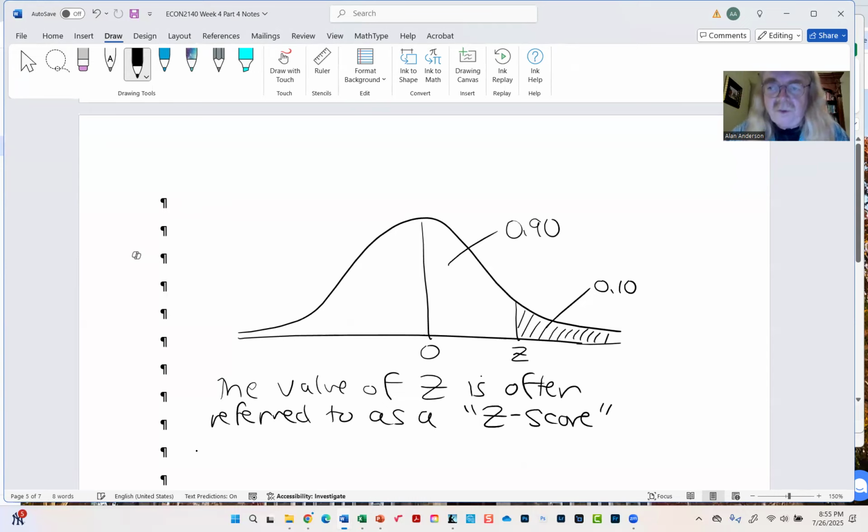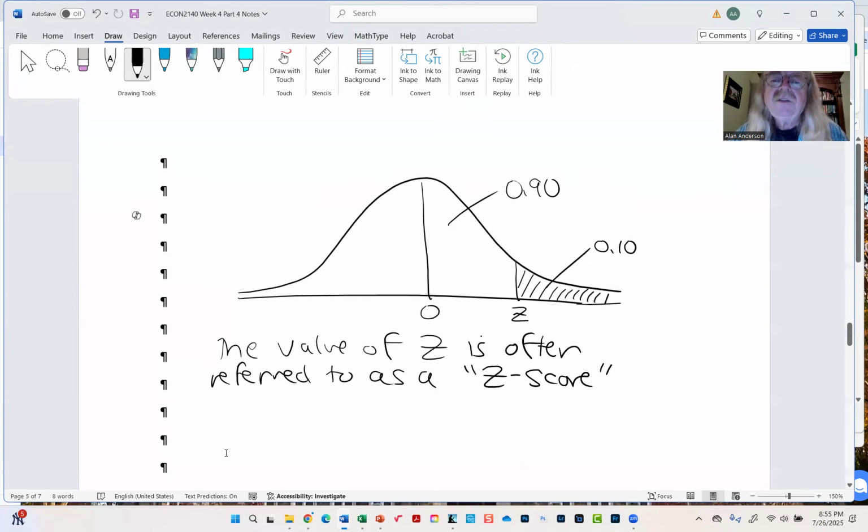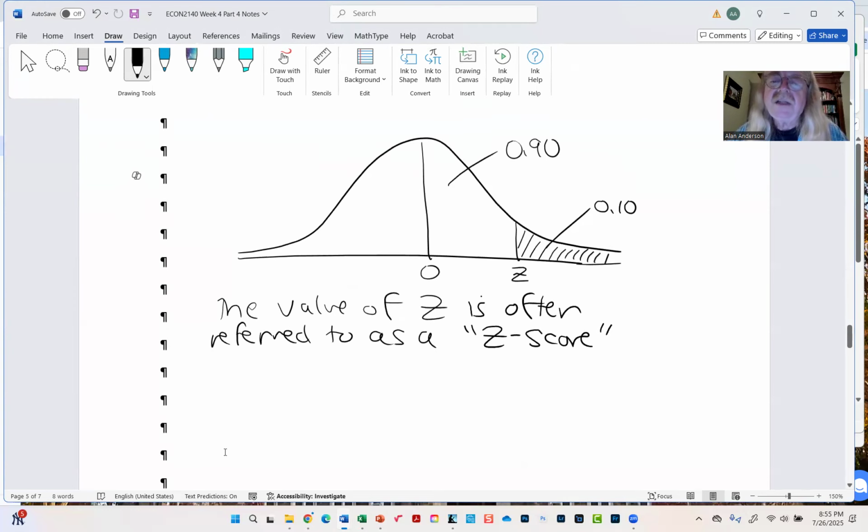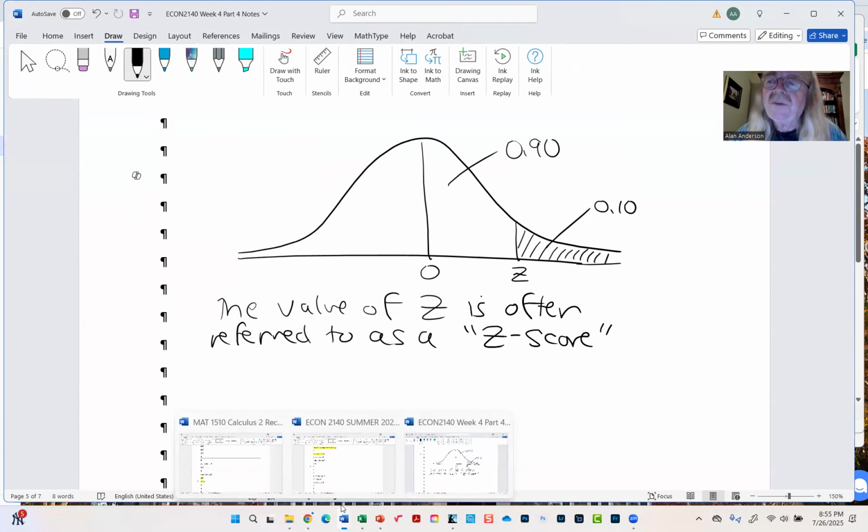You may have heard that phrase before, Z-score. This is what they're talking about. Just any value under the standard normal curve is known as a Z-score. So we need the Z-score such that the area above it is 10%, which implies that the area below it is 90%. So how do we find this Z-score?